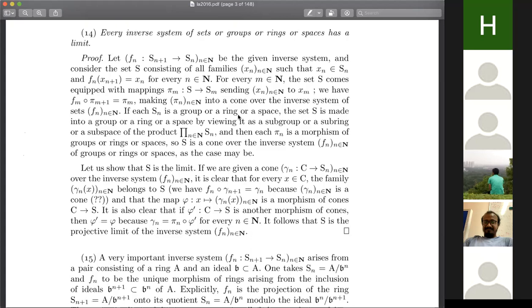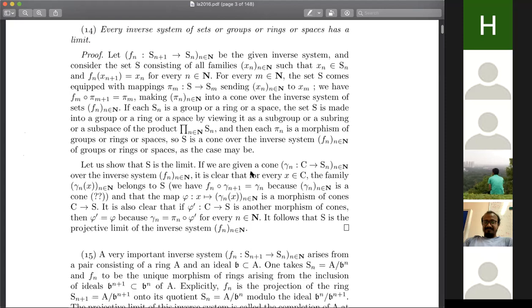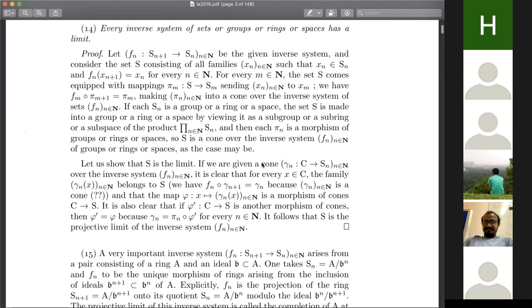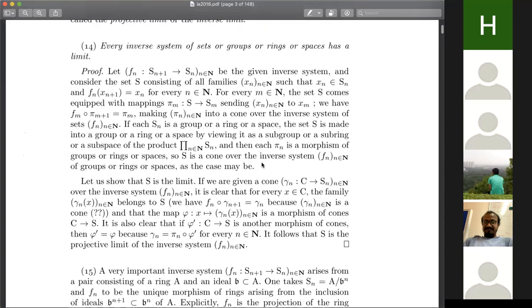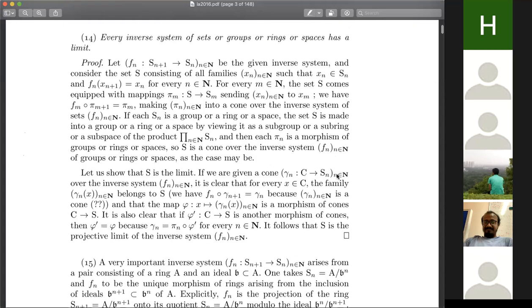So the various triangles which are there should commute, and that's what's written here. Okay. So that's the notion of the inverse limit of an inverse system. Okay, so let's stop for a few minutes to see if there are any questions.